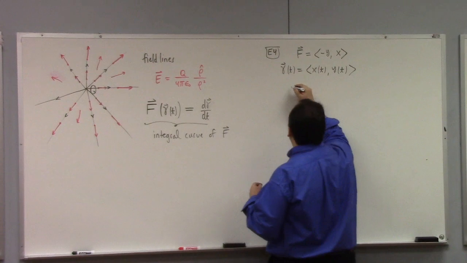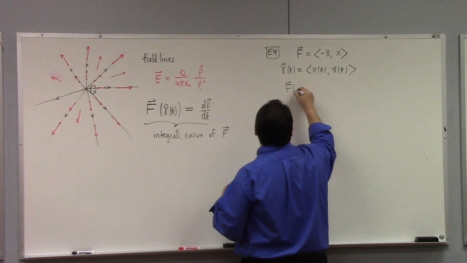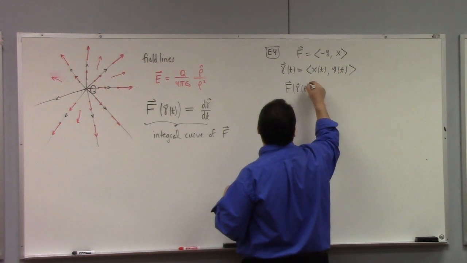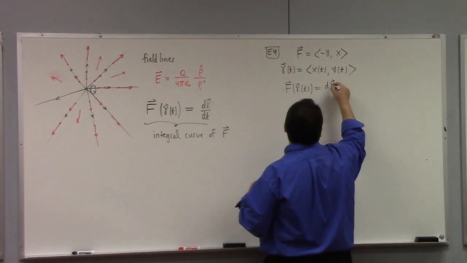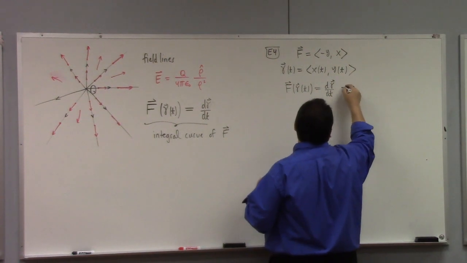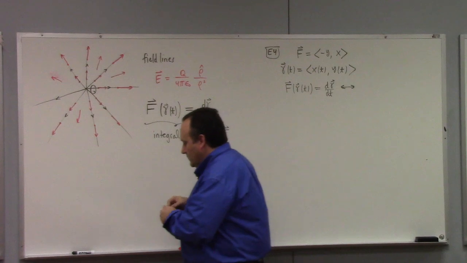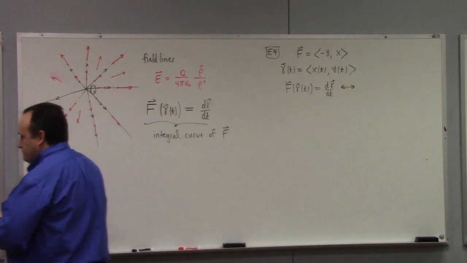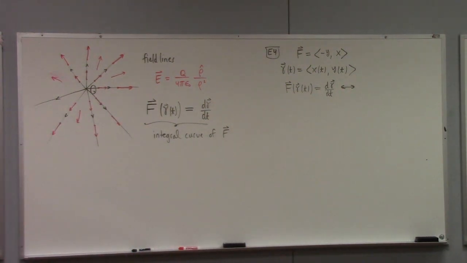So if you look at F of gamma of t equals d gamma dt, in the xy notation this is interchangeable simply with what? So d gamma dt is nothing more than the velocity. It's dx dt, dy dt, right?